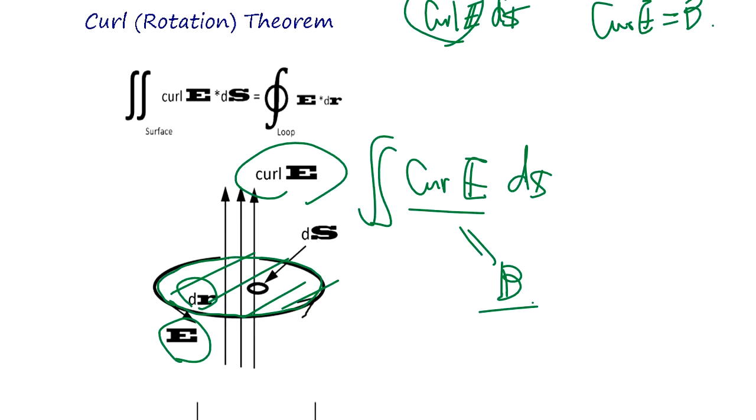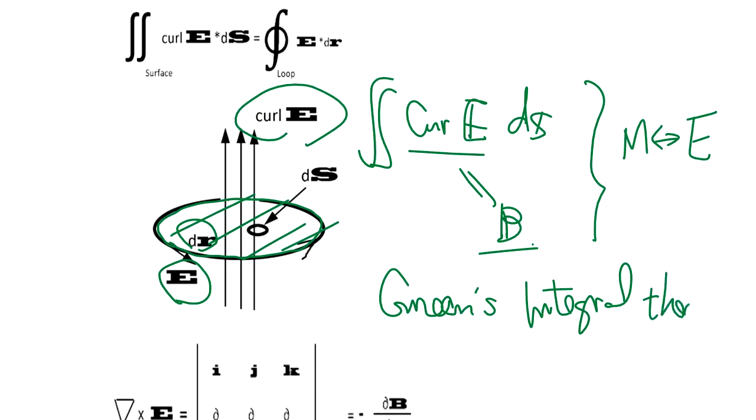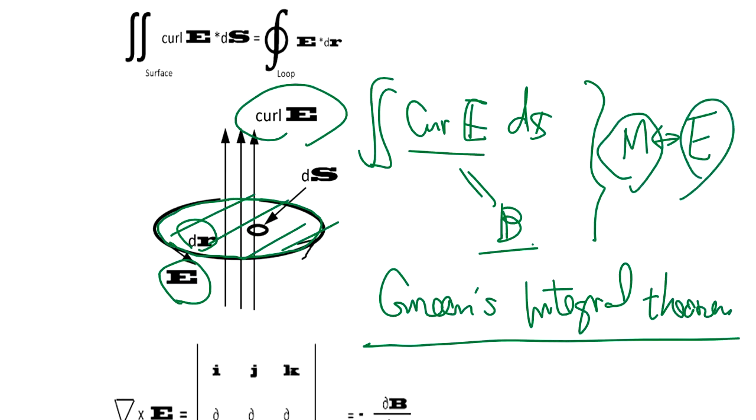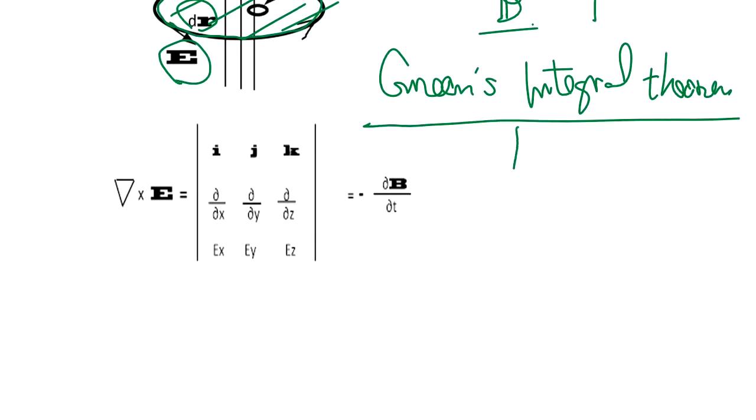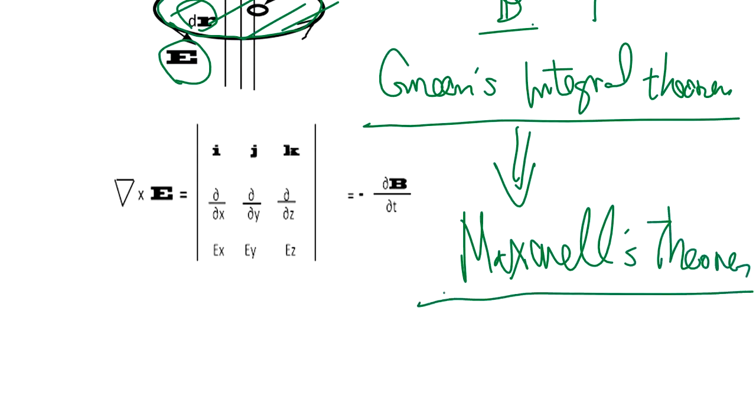That's the way in physics the magnetic field and electric field are related, and this equation, which is basically Green's integral theorem, shows this relation and becomes a part of Maxwell's equations.